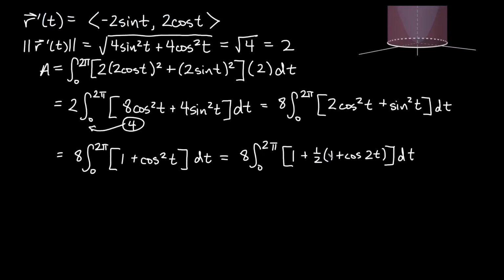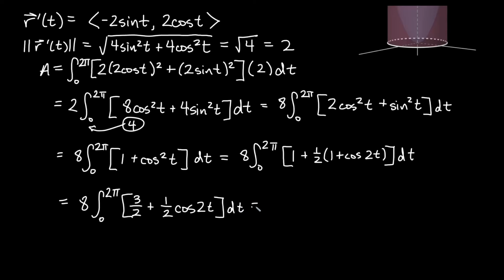Actually, let me go ahead and distribute the 1/2 and combine some like terms. So if I have 8 integral from 0 to 2 pi, think about I have 1, distributing the half, I would get another half, so that would actually give me 3/2 plus 1/2 of a cosine 2t as well.